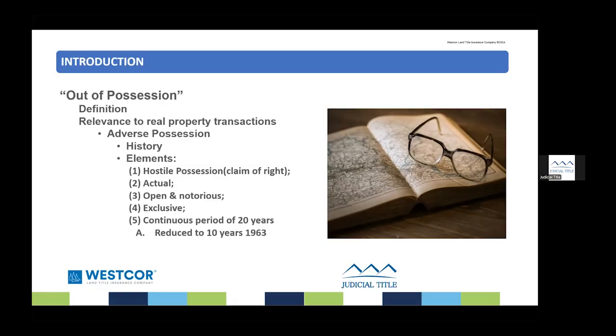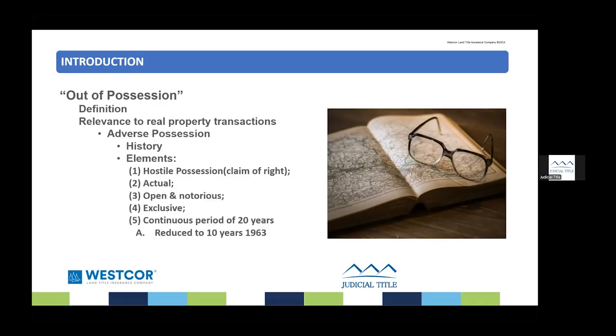So not just a claim of right to the property, but somebody having a reasonable belief that they're hostilely taking over some property owned by somebody else, and acts which constitute notice or protection by a substantial enclosure for a period of 10 years or more. So the new rule has added some layers to make it a little more difficult to meet the normal criteria of what was considered adverse possession.